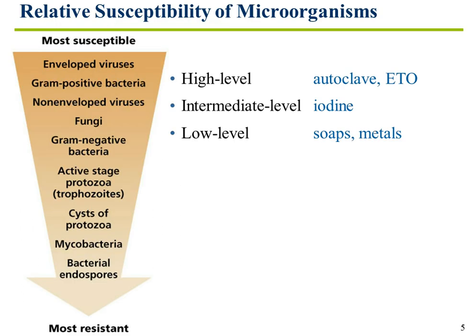Okay, also realize as we go through the different methods we're going to be talking about, some are better killers than others. So you're looking at things that are high level, like an autoclave or ethylene oxide gas, versus most of the chemicals that you would have in your house. They're pretty low level killers.